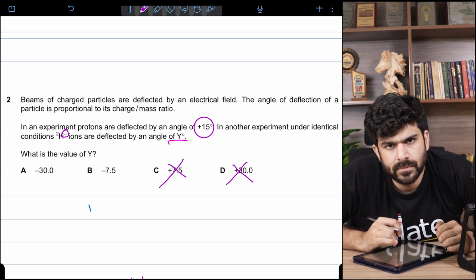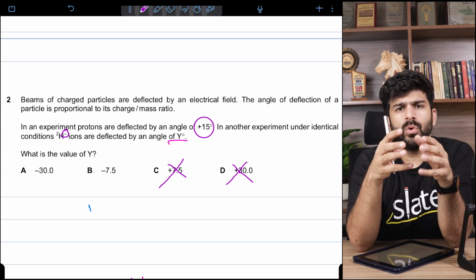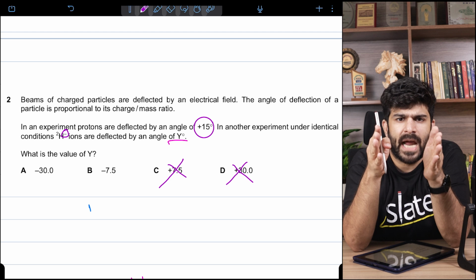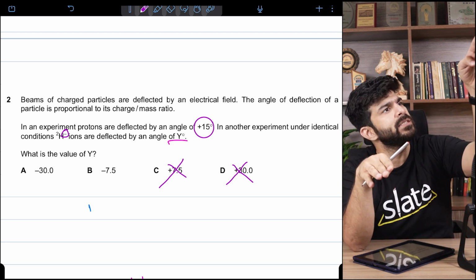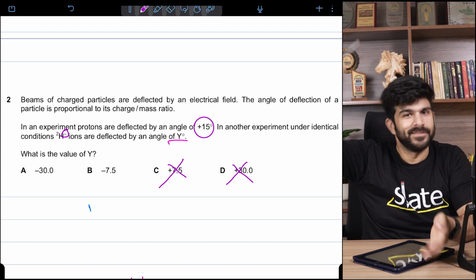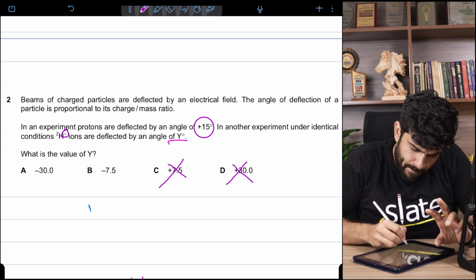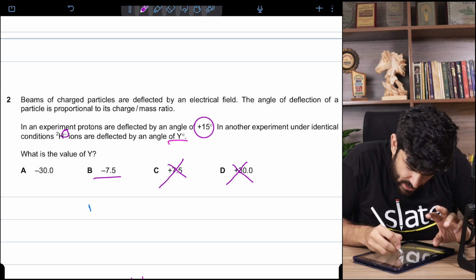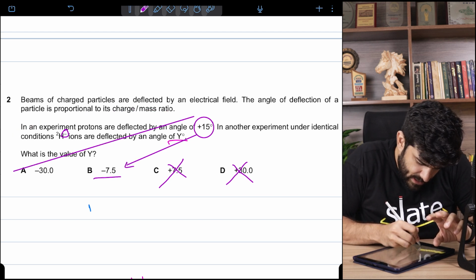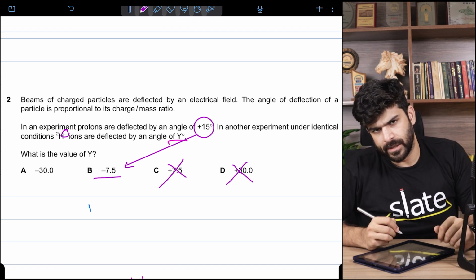Easy. Now let's talk about the angle. Students, you do not need to calculate the angle somehow. You just need to understand whether it is going to decrease or increase. And if we look at these values, this is half of 15 and this is double of 15, right? So something of that sort is happening.